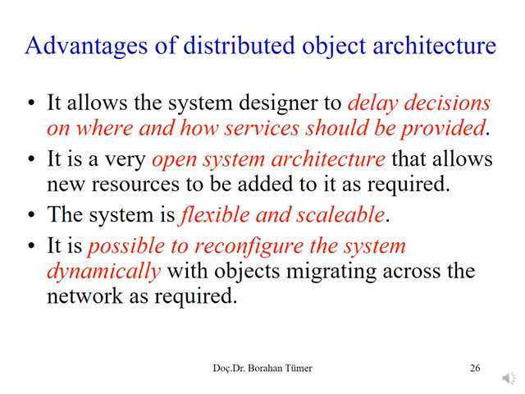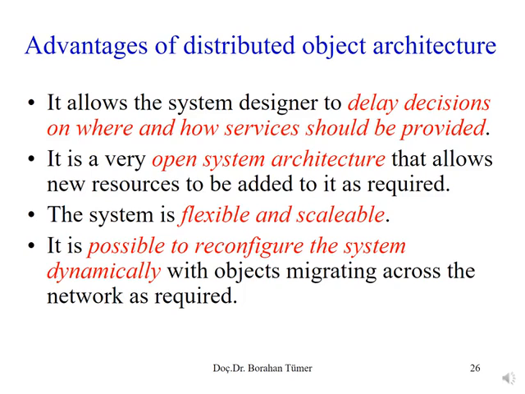In this slide, we discuss the advantages of distributed object architecture. The distributed object architecture allows the system designer to delay decisions on where and how services should be provided. Unlike in the client-server system, that can be done because each object in this architecture style is homogeneous, so they can all take over the role of a client or of a server.